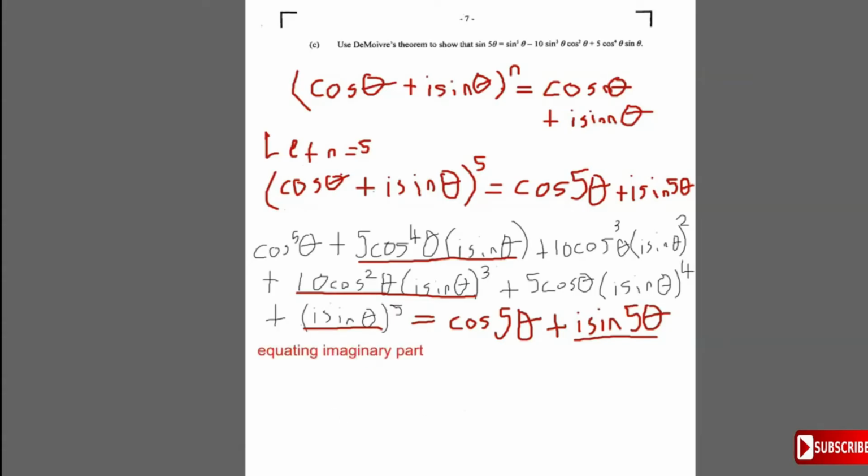Equating the imaginary part, what we're getting is 5 cos to the 4 i sine theta. I'm going to put the i on the outside here, so i times 5 cos to the 4 sine theta.